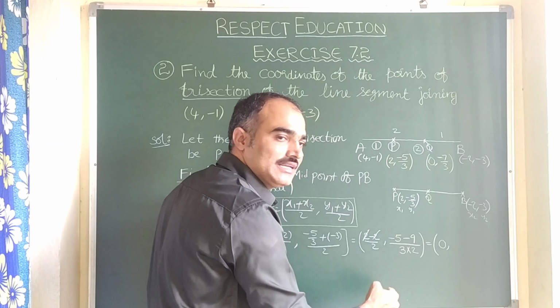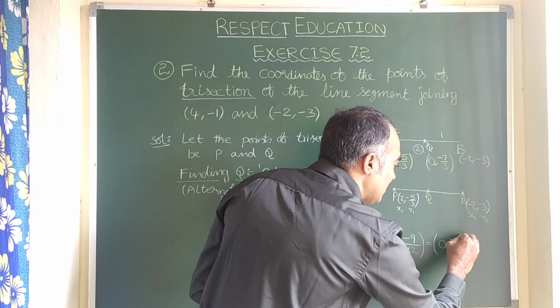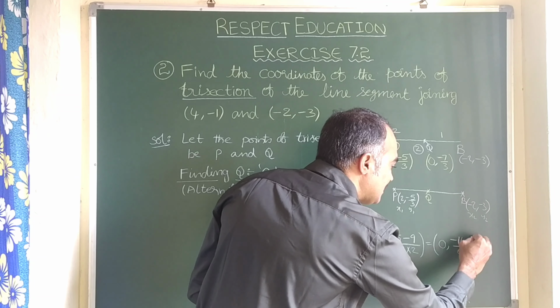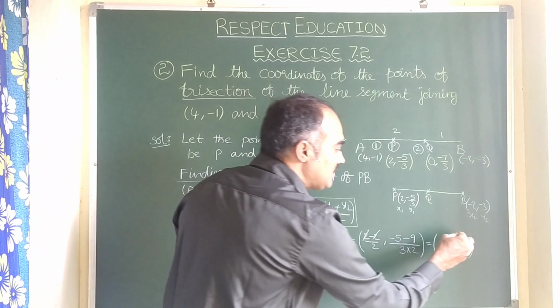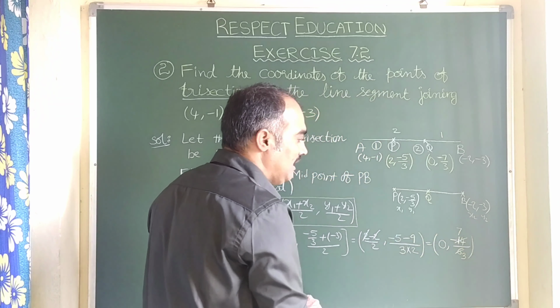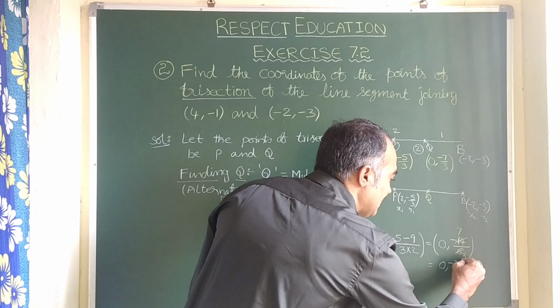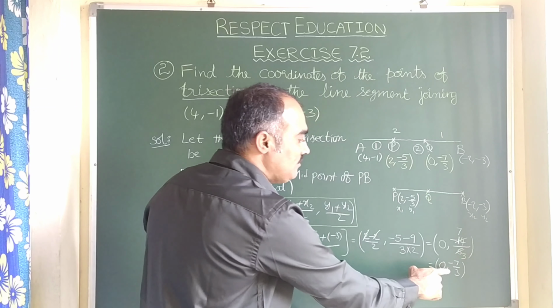Minus 5 minus 9 is minus 14 by 3 into 2 is 6. Let us cancel this one in the 7 table: 2 7s are 14, 2 3s are 6. So finally we got Q as 0 comma minus 7 by 3, right? This is the value of Q.